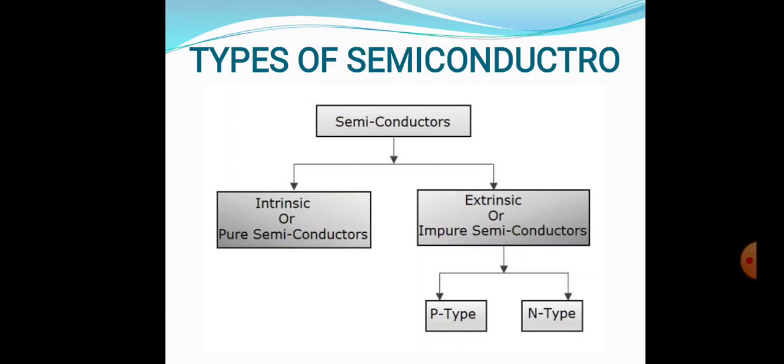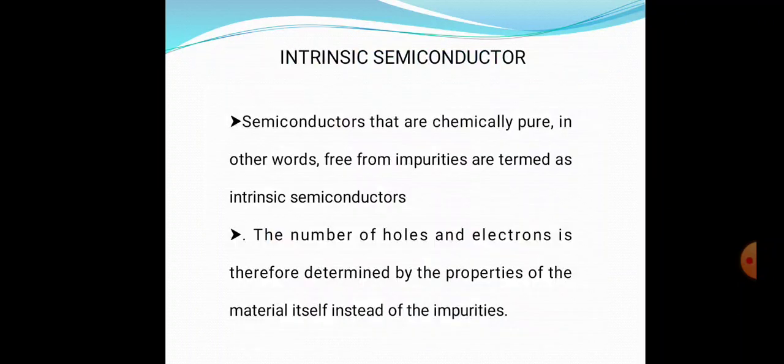They are formed by adding impurity. If we add pentavalent elements like phosphorus or arsenic, we get n-type semiconductor. If we add trivalent impurities like aluminum and indium, that leads to p-type semiconductors. We shall see about these types of semiconductors in detail in the next chapter.